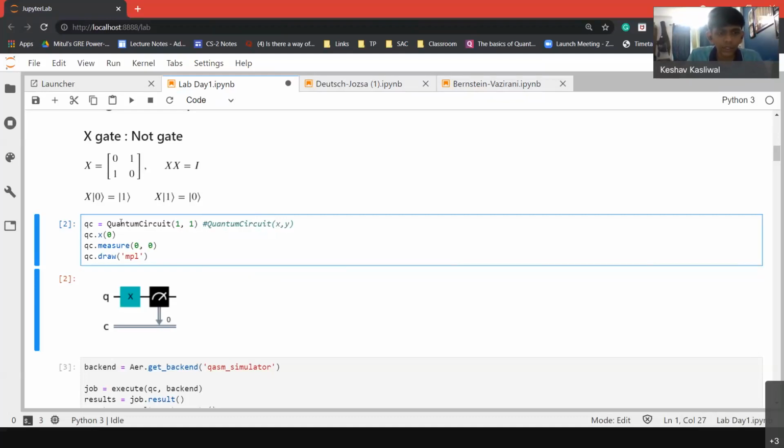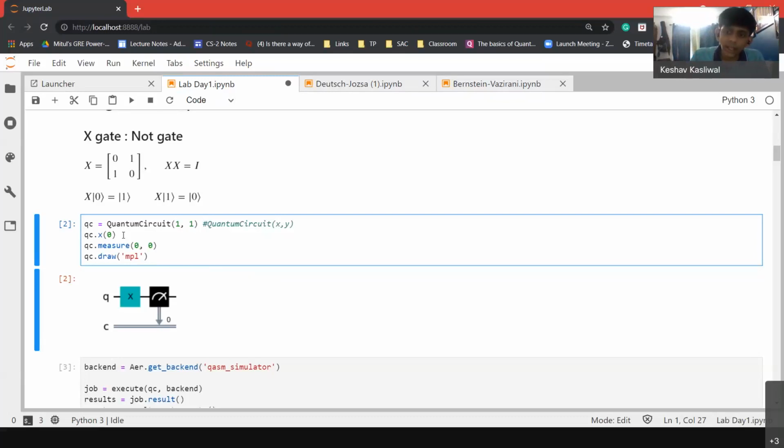As you can see over here, qc.x(0). If you want to add a gate on that particular qubit, how do we tell the computer? There's this function, QC. QC is a variable right now, right? Because as we have declared, QC is an empty quantum circuit having 1 qubit and 1 classical bit. Now what we do next is apply the X gate on the first qubit.